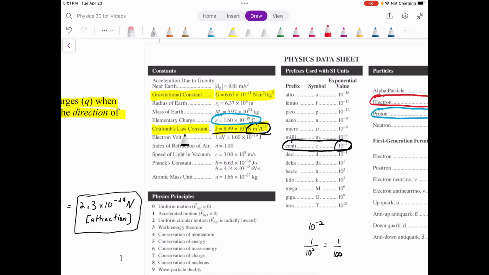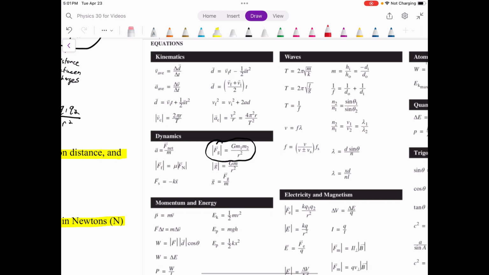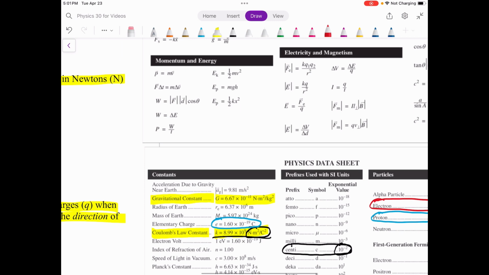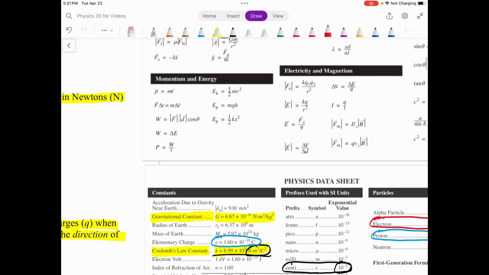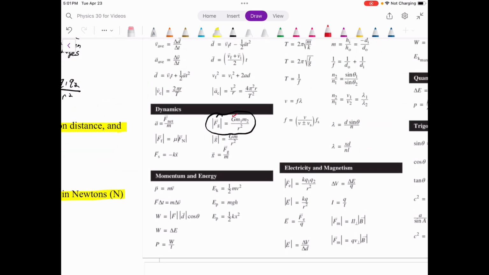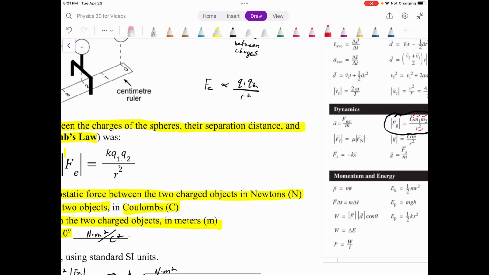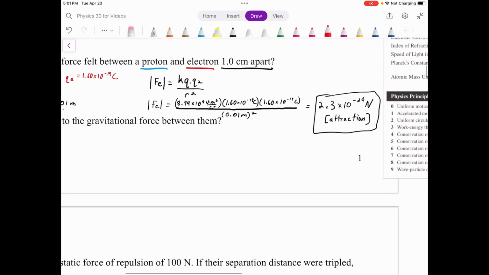And the gravitational constant that we need to calculate the force of gravity between any two objects with mass, big G, is 6.67 times 10 to the negative 11. So we've got big G, the mass of the electron, the mass of the proton, and the separation distance is 1 centimeter. So we've got everything we need.